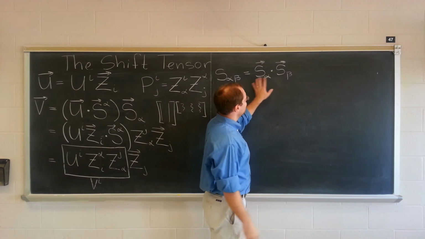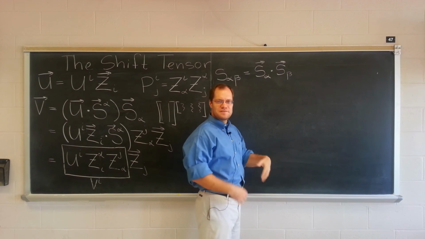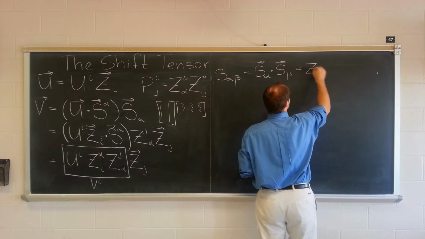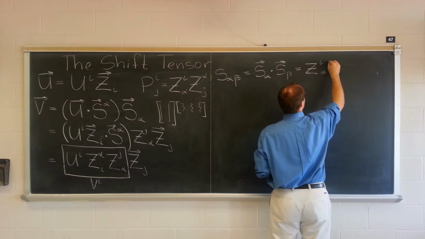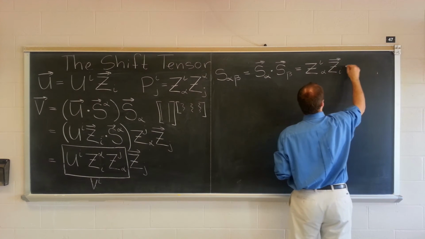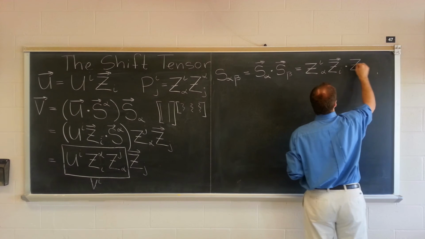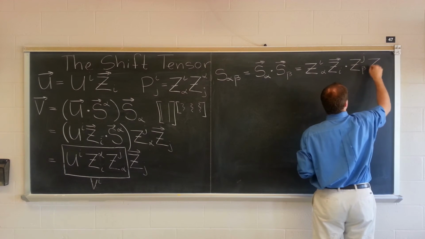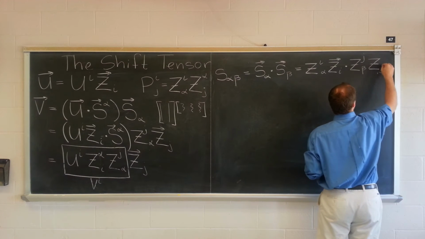And of course, each one of these can be expressed in terms of the shift tensor and the ambient coordinate basis. So there we go. This one is Zi alpha Zi. And then as you know, the dot can go anywhere. And this would be Zj beta Zj.